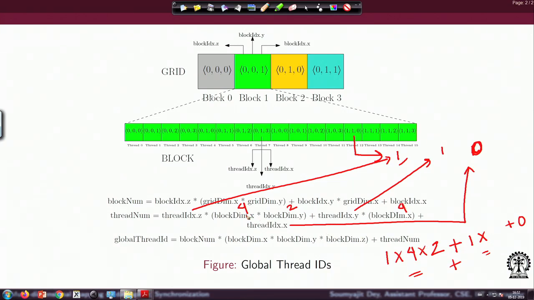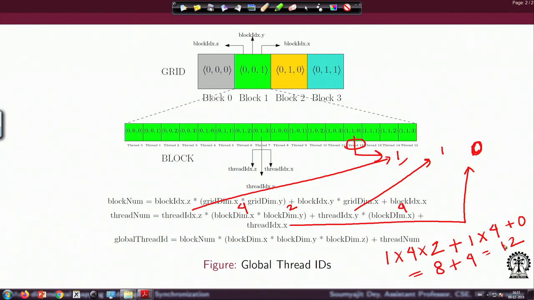So in x dimension it's 4, y dimension is 2. So now these are fine, and this is the thread idx in the z direction, the thread idx in the y direction, and here again the block dimension is 4. So that gives you 8 plus 4, that's 12, and as you can see here the thread id is indeed 12, right.